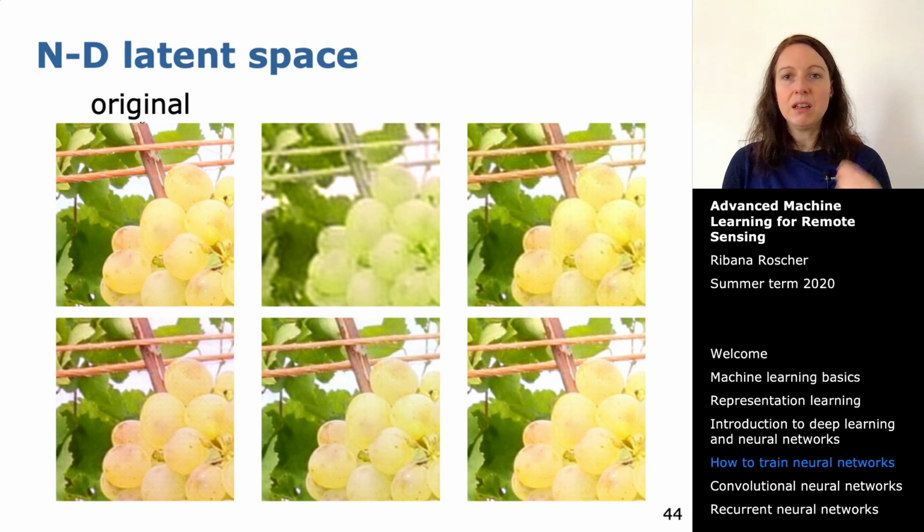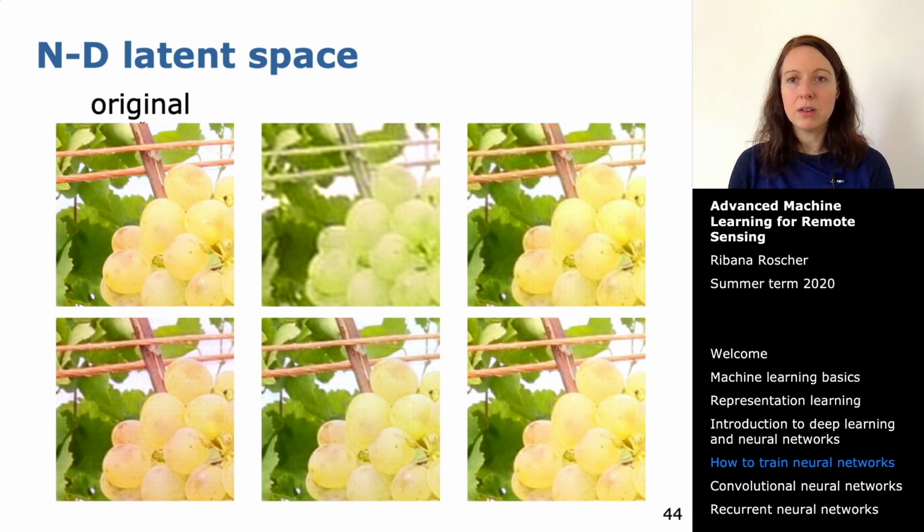In the beginning, if your latent space is not so big, you can see the color is not reconstructed that well, but if you increase the number of neurons in the latent space, you can reconstruct more and more details. You can see it also when you look at the rope, so you get a more detailed, more fine-grained reconstruction when you increase the latent space.